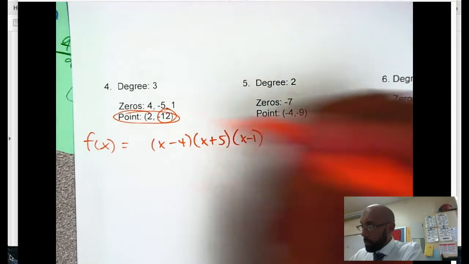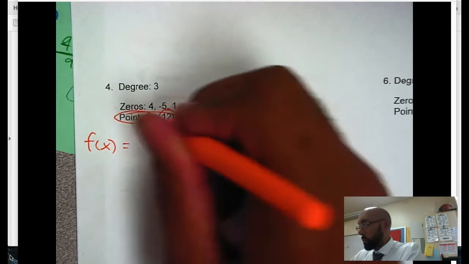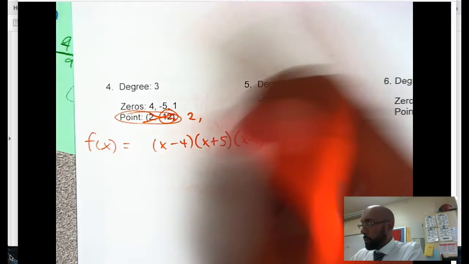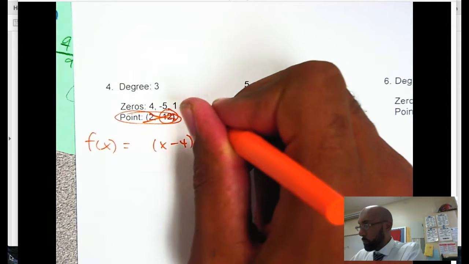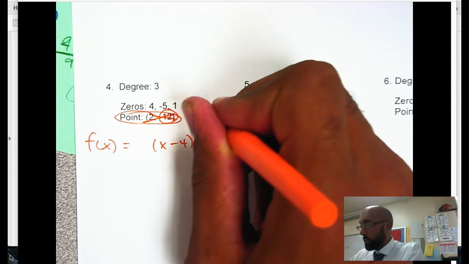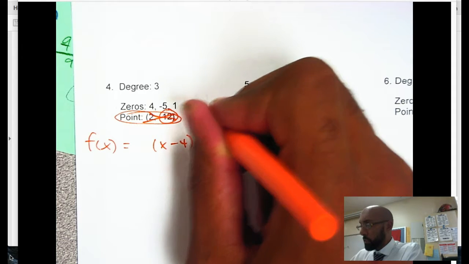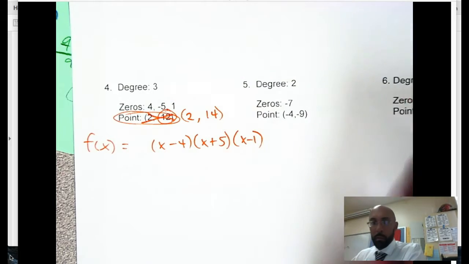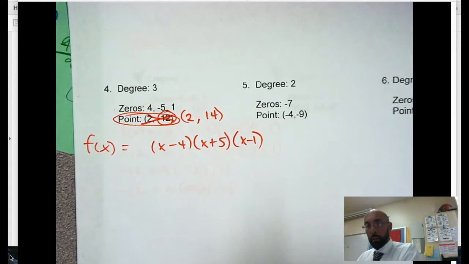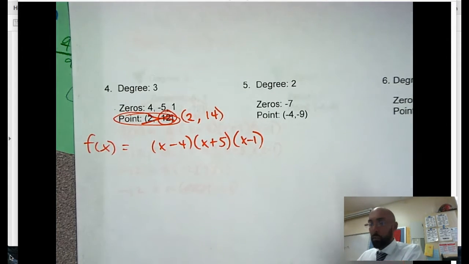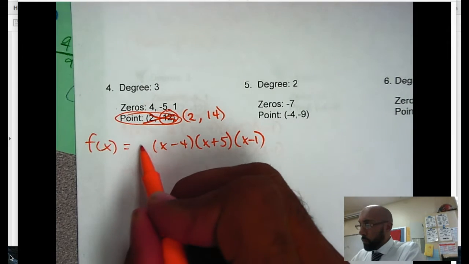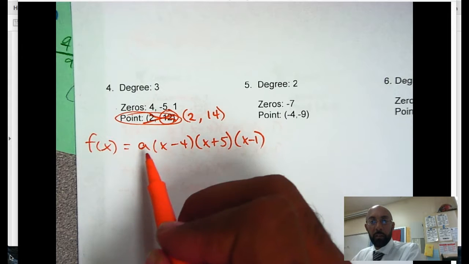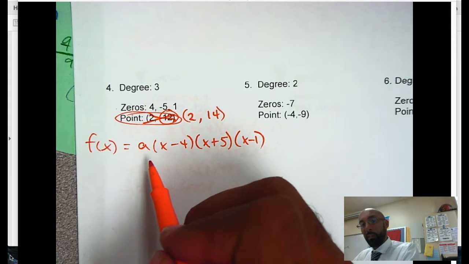Now that number right there, let's actually make a new point. Let's do plus 14, because it doesn't really work out the way I want it to. So let's do 2 and positive 14. What we don't know is there might be a number here, because we're given a point, so this number in front, the leading coefficient, could be different.